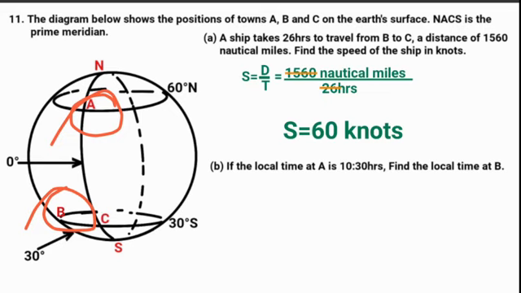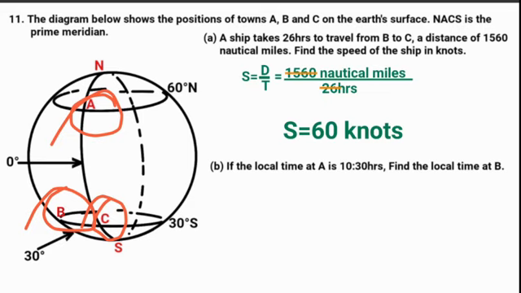Town A is on the same longitude, which is 0 degrees. So you can see that town C and town A share the same longitude. That means they even share the same time.